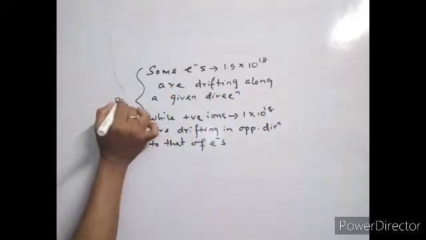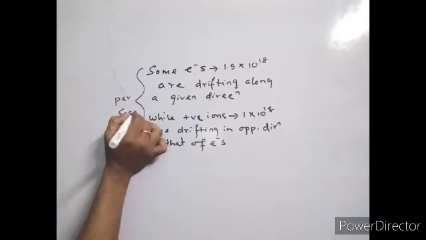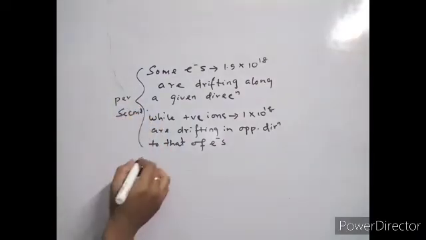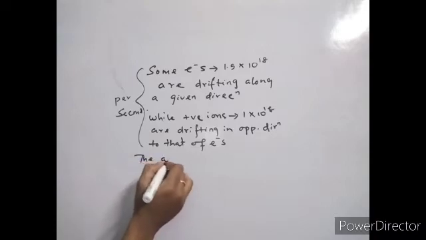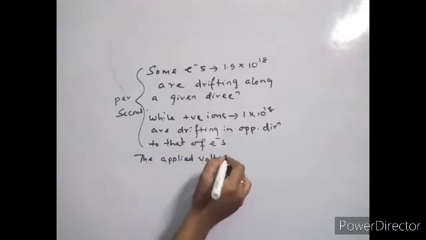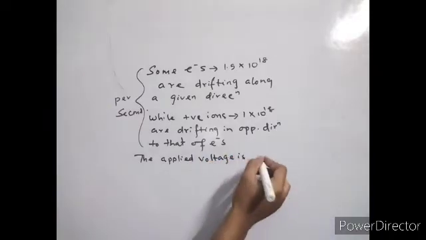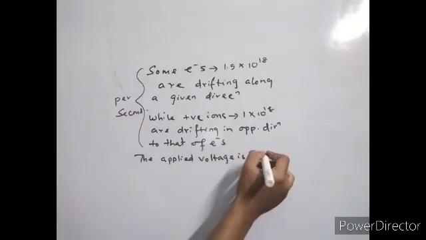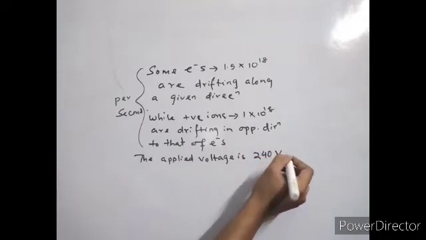So these are the electrons and the ions drifting, and the applied voltage across the wire or conductor is equal to 240 volts.